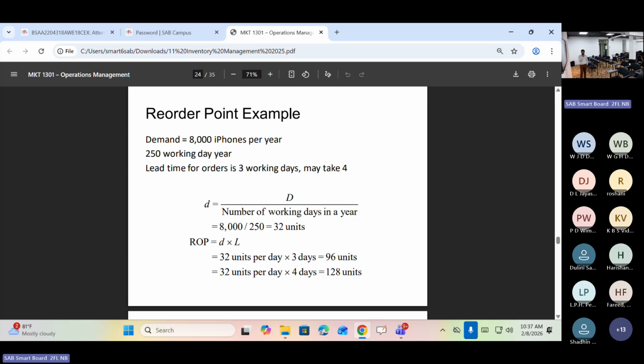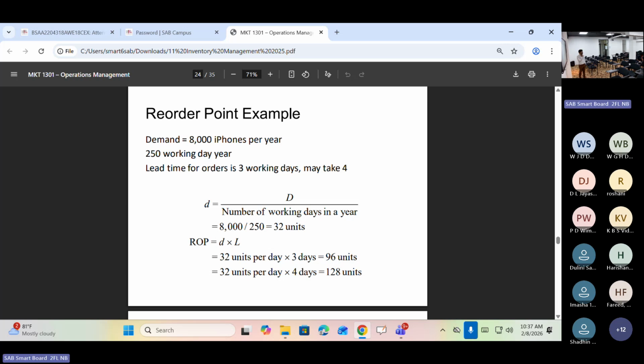If you have to calculate the reorder point, it is simple. First of all, we calculate simple d: annual demand divided by number of working days gives 32. If lead time is 3, what is the reorder point? 32 times 3 is 96 units.